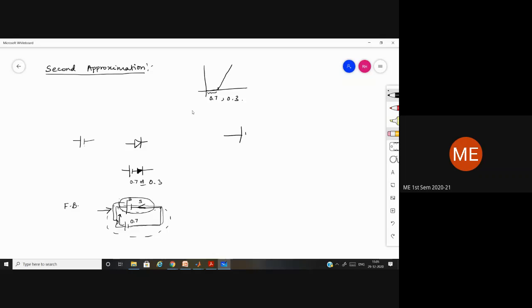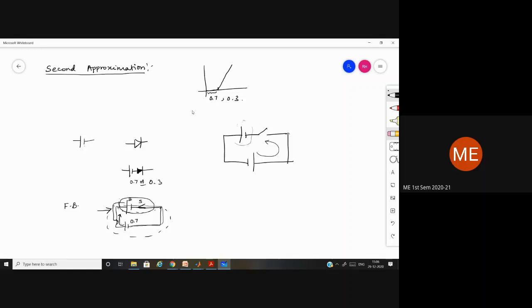But when it comes to reverse bias, if you pass current, will the current pass through this? No, sir. No, because the switch is open. So they retained the same original idea.